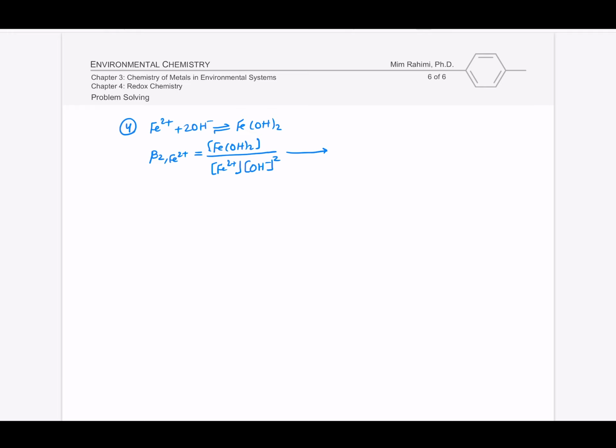So let's do minus log. You can also use log, it doesn't really matter. Then we get minus log of beta 2 Fe2+ is equal to 2 log of hydroxide.